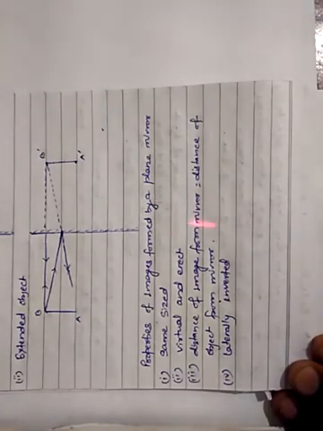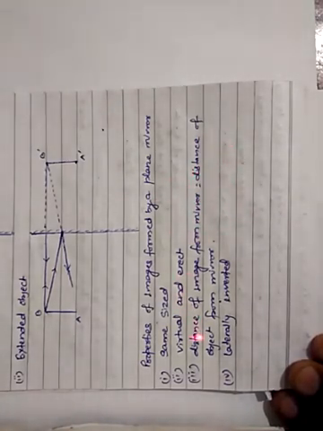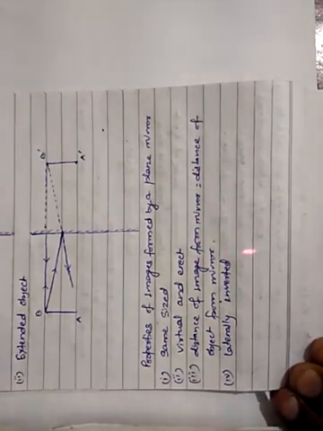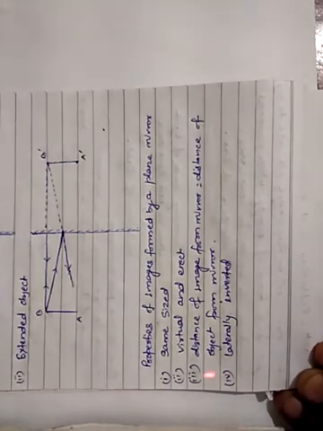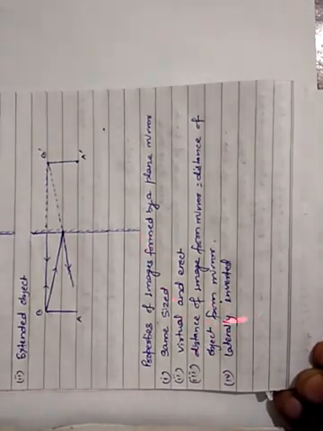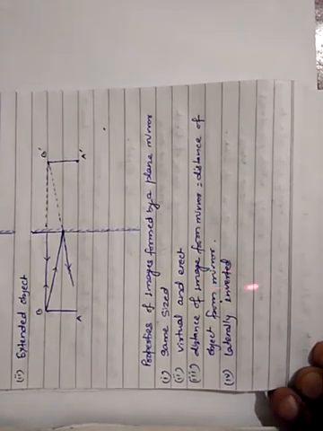Same is the distance of the image from the mirror. It means that the distance of the image from the mirror is equal to the distance of the object from the mirror.